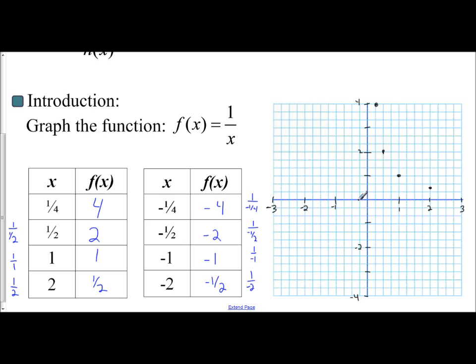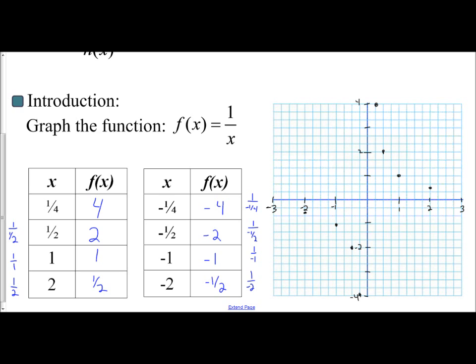So if I'm at negative 1/4, I'm all the way down to negative 4. If I'm at negative 1/2, I'm at negative 2. At negative 1, I'm at negative 1. And at negative 2, I'm at negative 1/2.